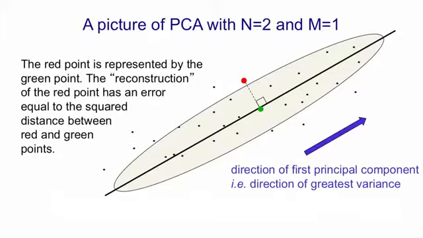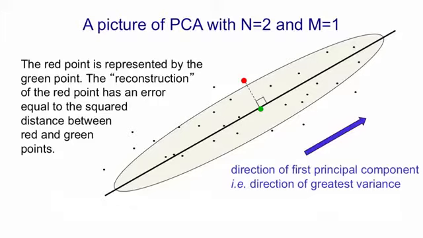the green point. When we need to reconstruct the red point, what we'll do is simply use the mean value of all the data points in the direction that we've ignored. In other words, we'll represent a point on that black line. And so the loss in the reconstruction will be the squared difference between the red point and the green point.